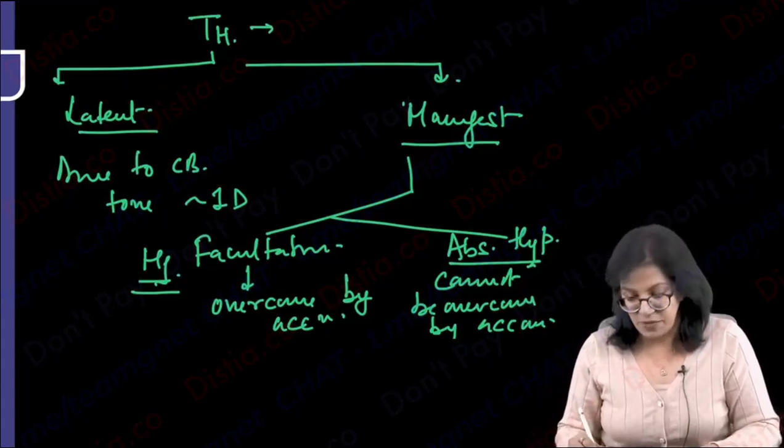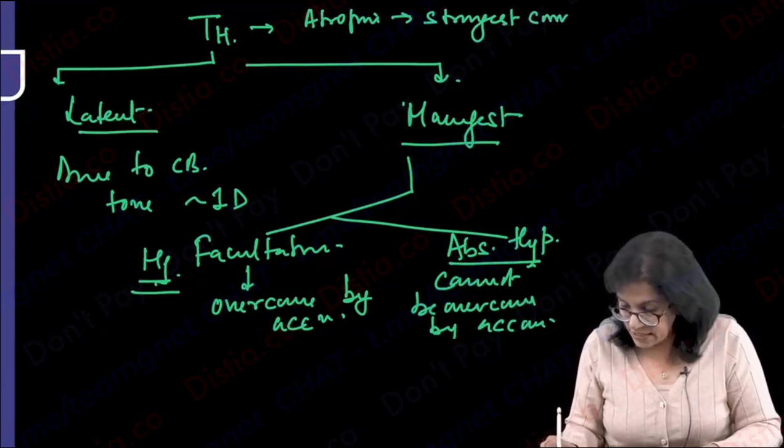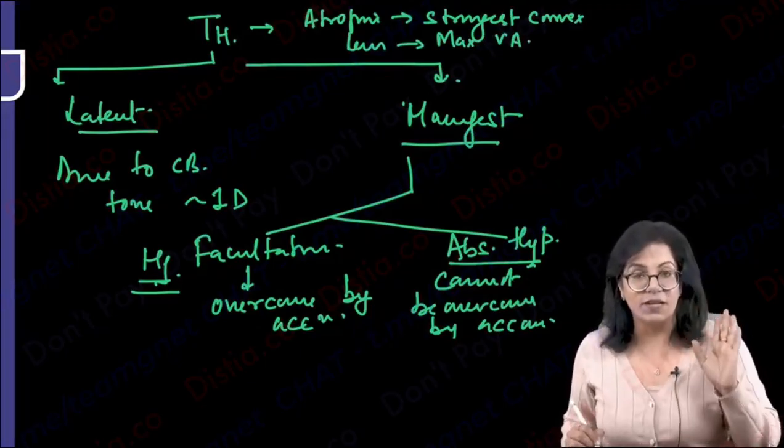Make sense? So you are putting atropine and then seeing the strongest convex lens used for maximum visual acuity. This gives the measure of total.